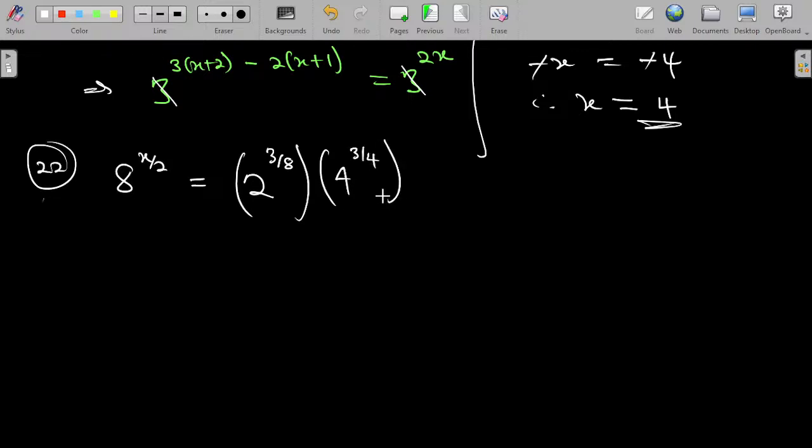And of course you remember we are looking for x in all of these, so what will be the value for our x?